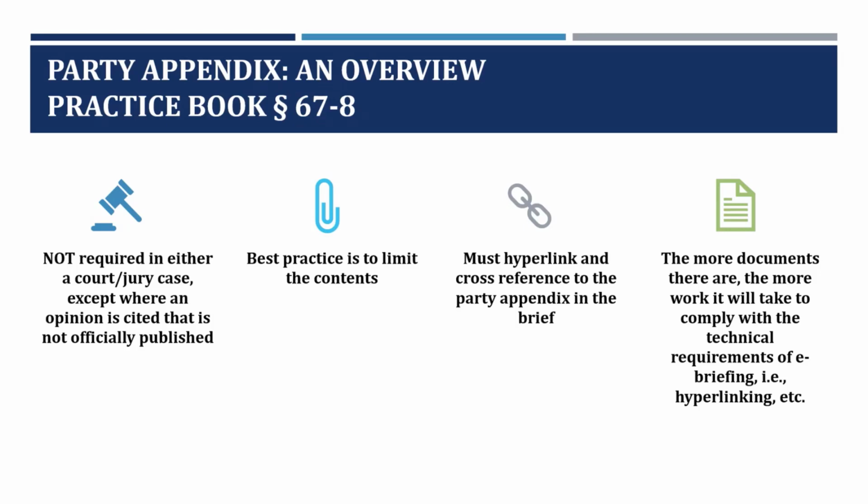It is your appendix to present to the court to supplement your brief and allow the court and the appellate judges to have at hand the things that will best explain to them what your argument is about, what the record is that supports your argument.